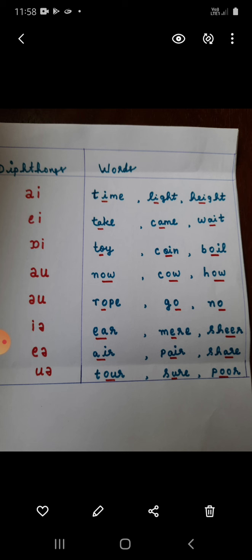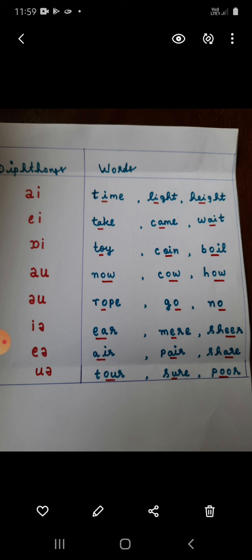Clear? Then the next diphthong sound is A. What is it? A plus E. How are we writing that? Cursive E and small letter I. So that's pronounced as A, as in take, came, wait, etc. So many examples will be there.